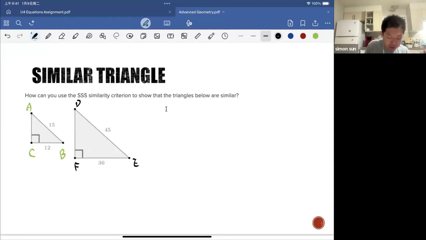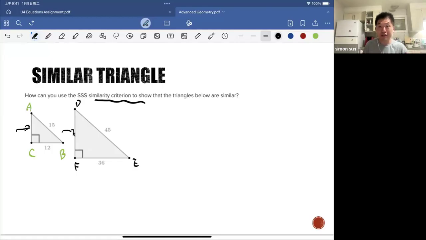Now the question becomes, how can we use SSS similarity to prove those two triangles are similar? Even though the given information is two sides, not all three sides, we can actually calculate the third one, right?